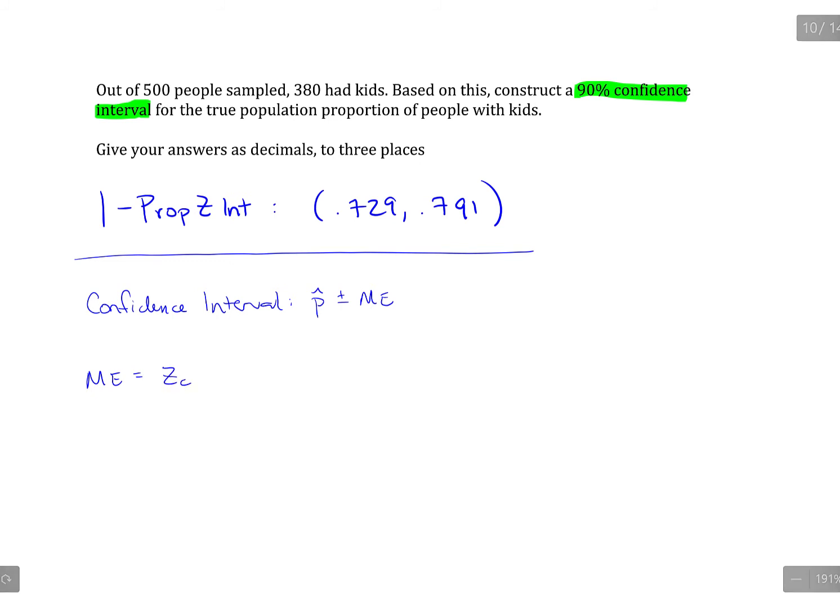It's a critical value based off of a given level of confidence times the square root of p hat times q hat all over n. For z sub c, to get this value, you have to do the absolute value of the inverse norm of 1 minus your level of confidence divided by 2.